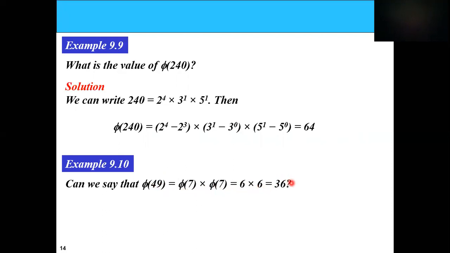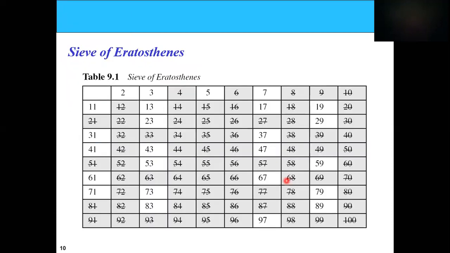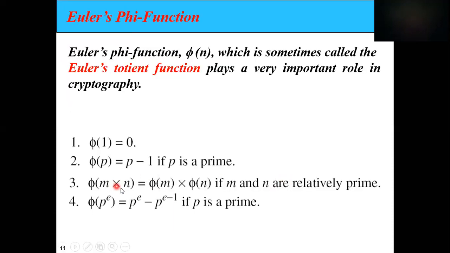But is this result valid? No, this is not a valid result, because if you can see over here, the third result can break n only if m and n are relatively prime.